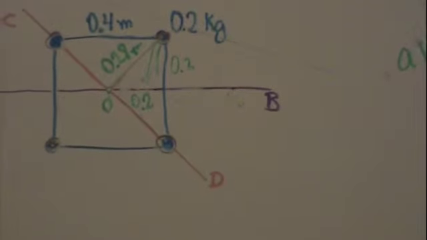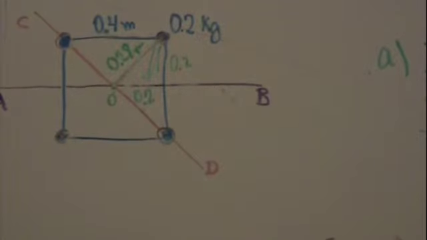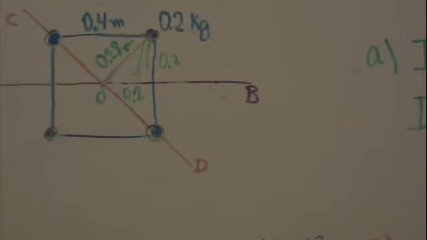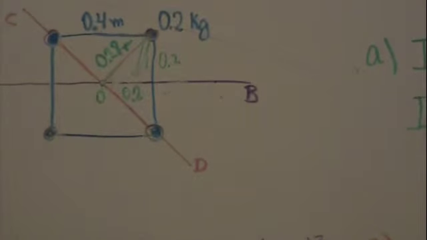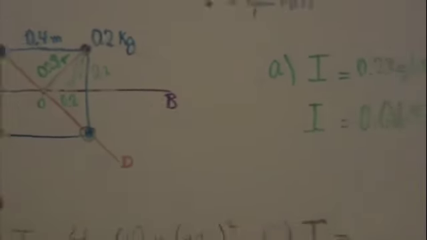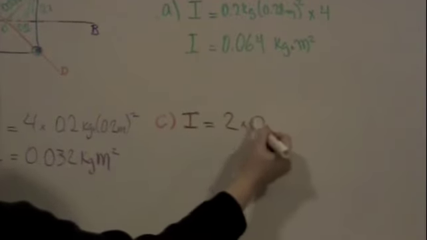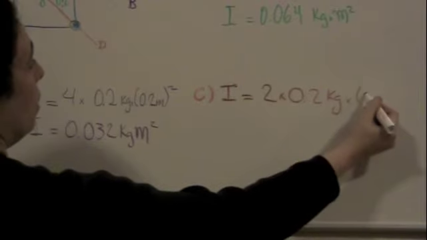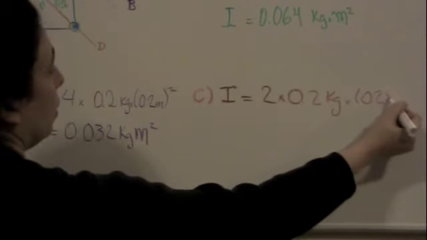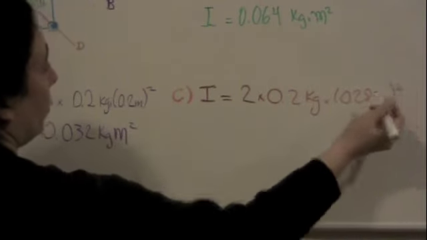Well, if the moment of inertia is defined as the product of the mass times the distance squared, and if the distance is 0, there's no contribution to the moment of inertia coming from these two masses that are right along the axis. Therefore, the moment of inertia in this case is simply 2 times, because of those two masses, times the mass, 0.2 kilograms, times the 0.28 meters squared.